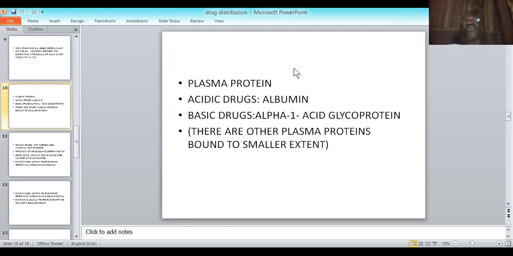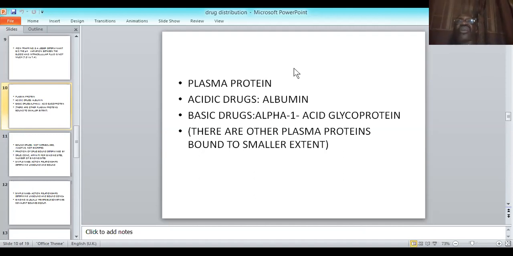Again, from time to time, some of the bound drug becomes unbound, and then metabolized and excreted. So you have an equilibrium reaction, representing what actually happens.